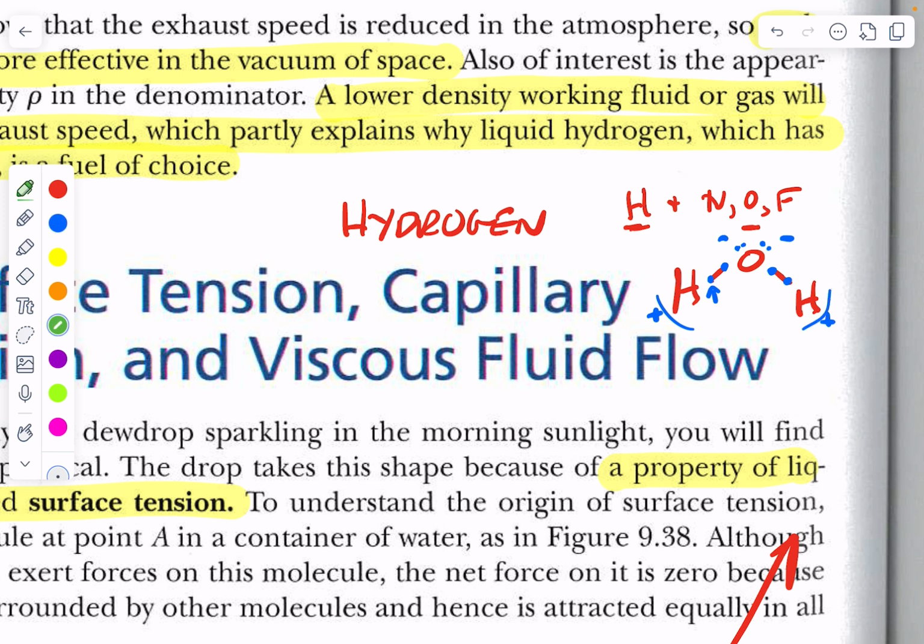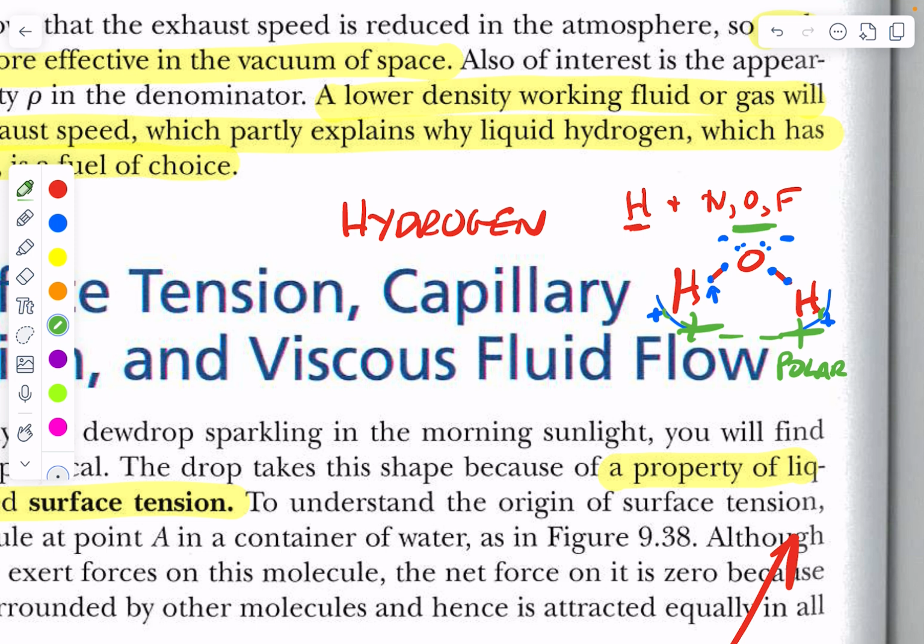So you basically have a polar molecule, very important word, polar molecule. You have poles. This area is positive, and this area up here is negative. Think about a water molecule as being a little mini magnet with a positive and a negative pole, or a north pole and a south pole, if you wish.